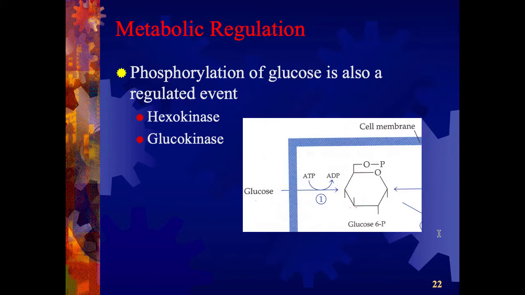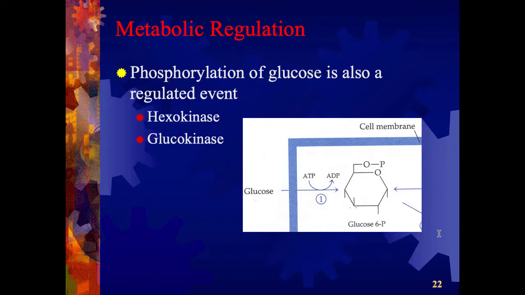Hexokinase, I think we can say extrahepatic tissue. What does that mean? Extrahepatic tissue. Everywhere except the liver and pancreas. Pretty much everywhere else. So far, glucokinase is that.